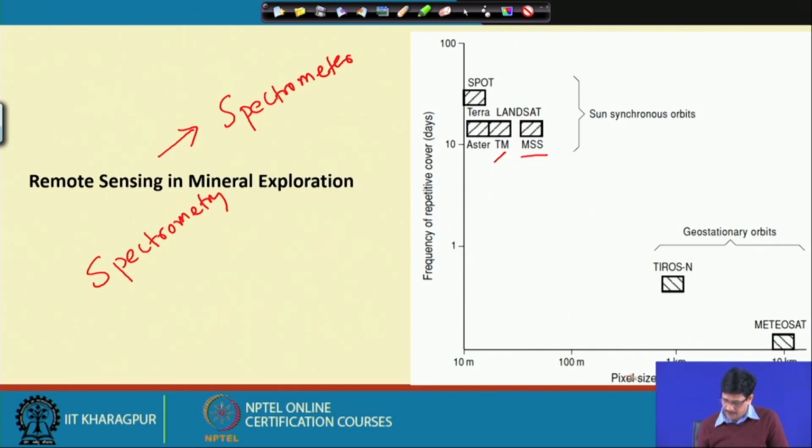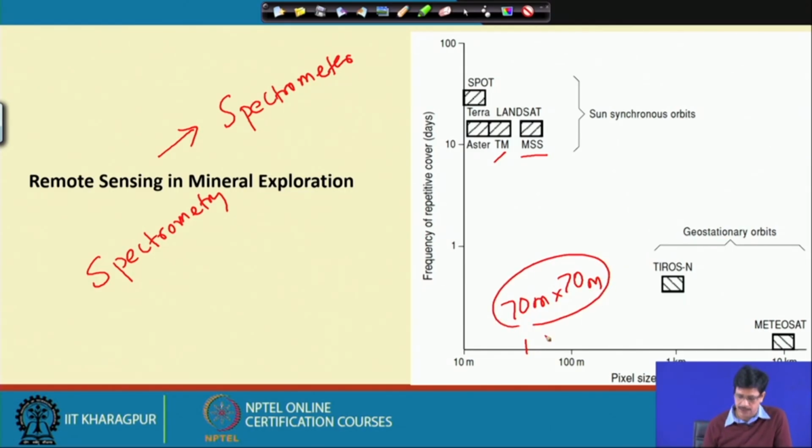So, here on the x axis is the pixel size, which is given in meters and kilometers, and we could see that a satellite camera like a spectrometer, like a multispectral scanner, had around 70 meter by 70 meter pixel size, which is essentially known as the instantaneous field of view, IFOV.